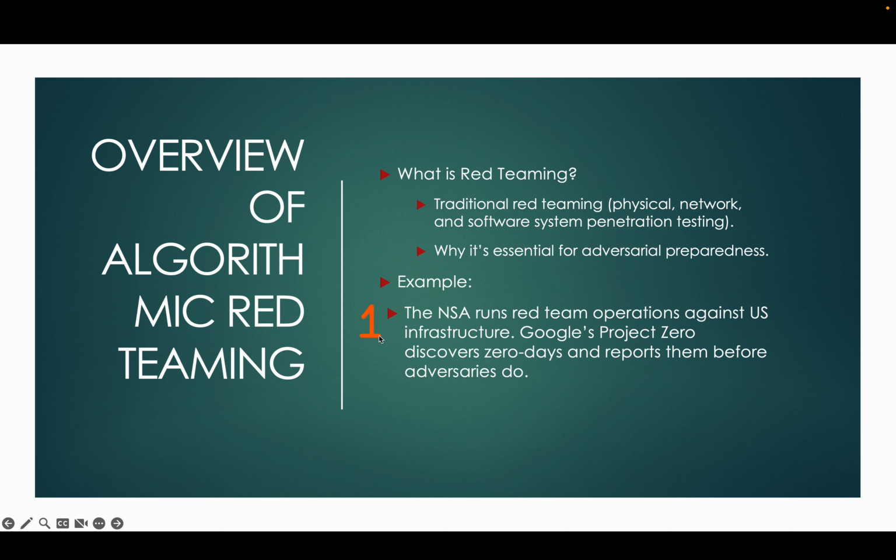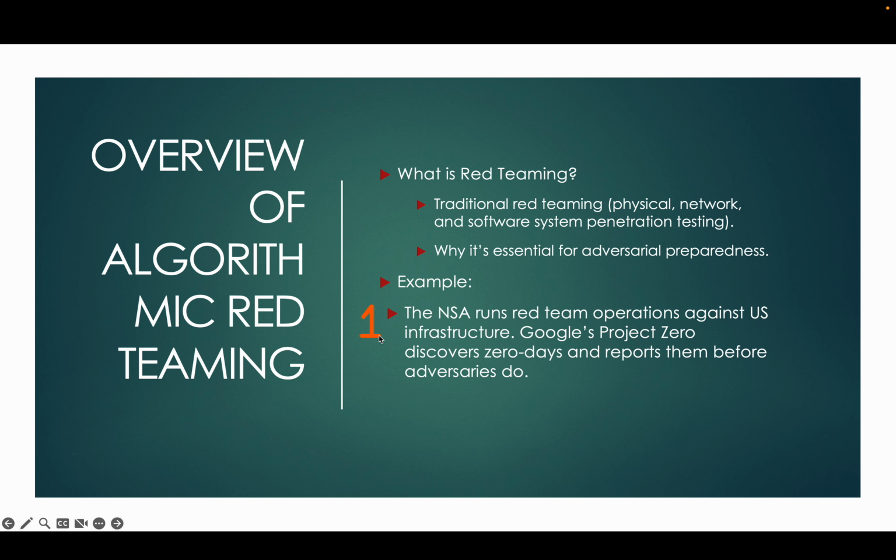Those are all integrated. And if these systems are vulnerable, then lives are at risk, not just the data. And here the key motivation is that you are testing the robustness. You're testing the model performance under adversarial or out-of-distribution conditions. So that's what we mean by robustness.